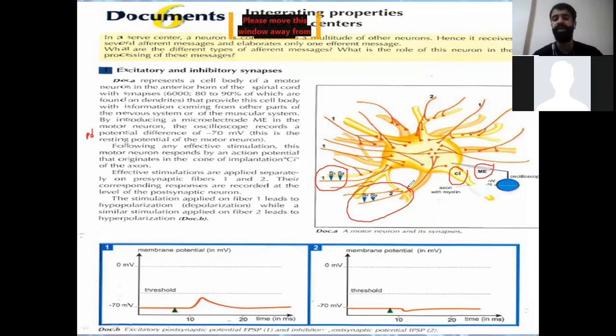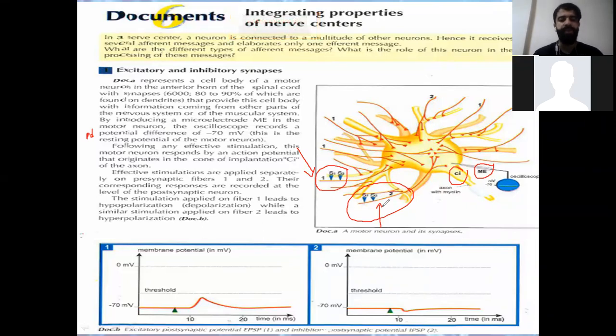Effective stimulations S1 are applied on fiber 1, which is here, and effective stimulations S2 are applied on the presynaptic fiber number 2. Their corresponding responses are recorded at the level of the postsynaptic neuron. So pay attention, this is fiber 1.